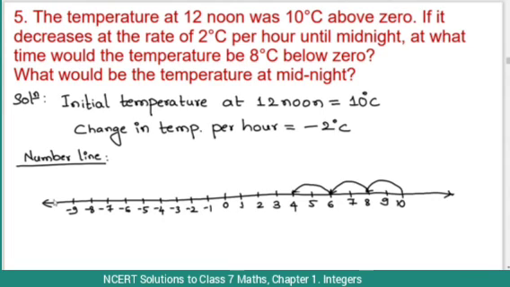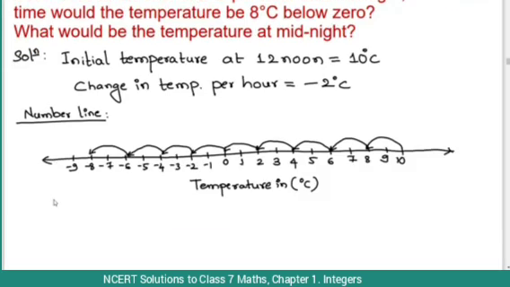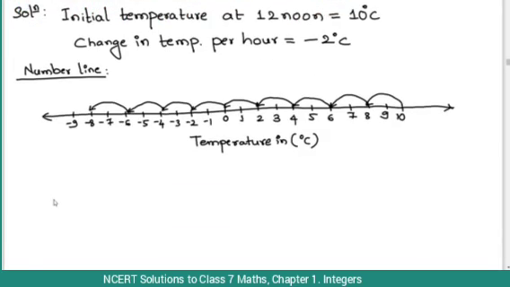So every time 2 degrees Celsius is decreasing. 10 to 8, 8 to 6, 6 to 4, 4 to 2, 2 to 0, 0 to minus 2, minus 2 to minus 4, minus 4 to minus 6, and minus 6 to minus 8. Here it is the temperature in degrees Celsius. It is taking a total of 9 steps, which means the temperature will be 8 degrees Celsius below 0 at 9 p.m.